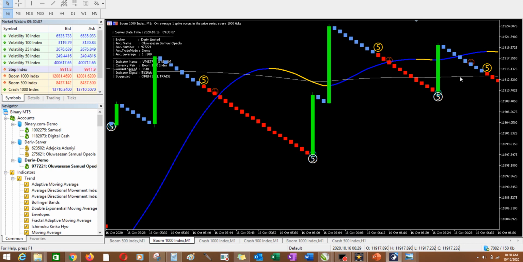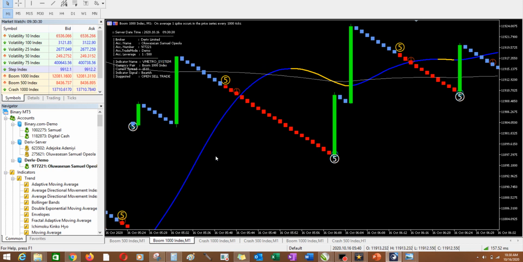So it shows us the general trend of the market, while the blue and yellow line shows us the present trend of the market. For the present trend, if the line is in blue color, then it shows that the market is in uptrend.